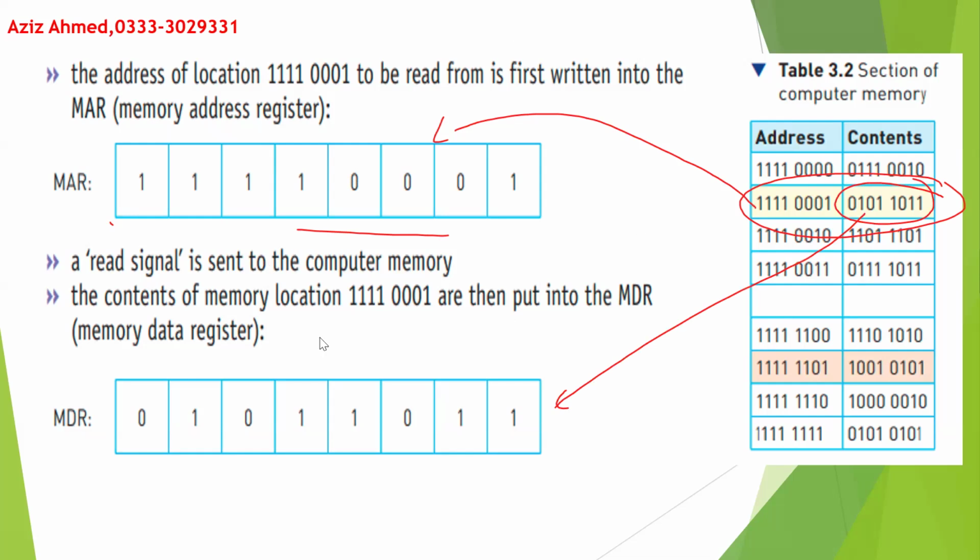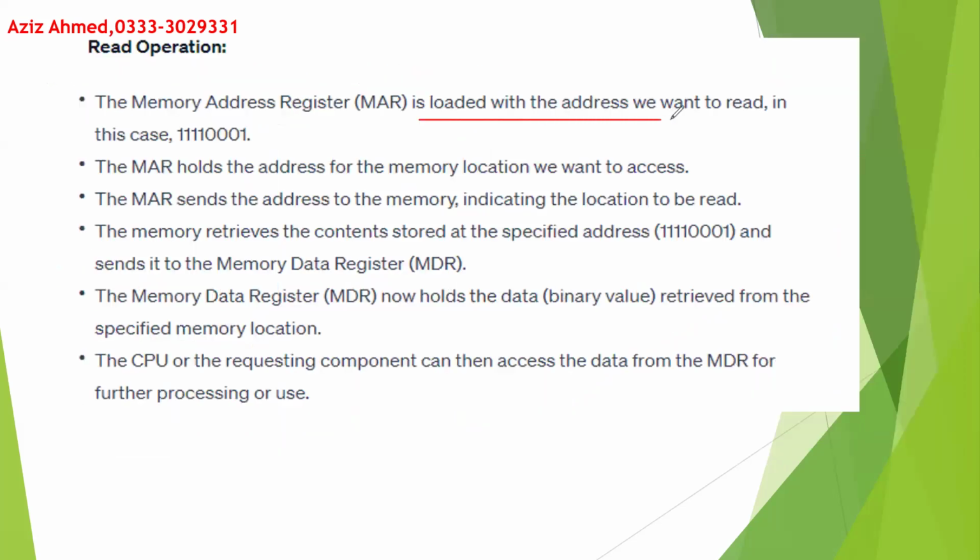Here descriptions are given regarding the previous slide. The memory address register MAR is loaded with the address we want to read, in this case this one. The MAR holds the address for the memory location we want to access. The MAR sends the address to the memory, indicating the location to be read.